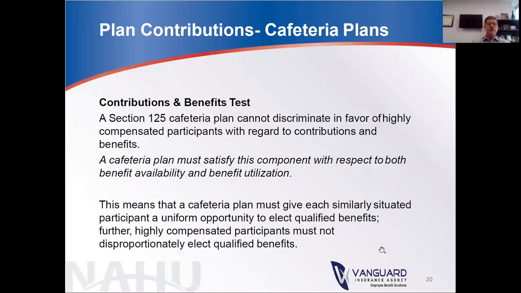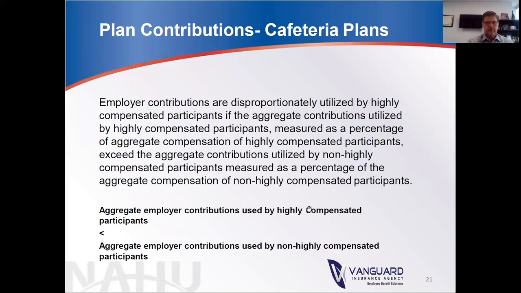So as we said, the contribution and benefits test can't discriminate in favor of highly compensated participants. The cafeteria plan must satisfy this component with respect to both benefit availability and utilization. This is what we just talked about, and it's got to be uniform for all elected qualified beneficiaries.